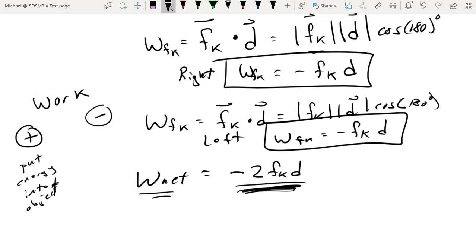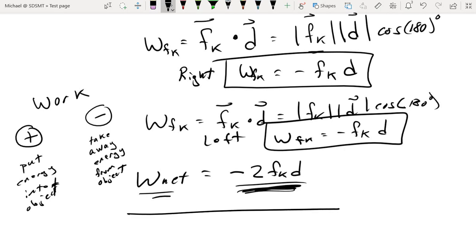If you have negative work that's being done, then you're taking away energy from that object. And this is why anytime you have something that's sliding across the surface with friction, eventually that object comes to a stop, because the friction takes away all of the kinetic energy of that object, and it's going to convert that energy into heat. But that's going to be a discussion for the Chapter 8 material.